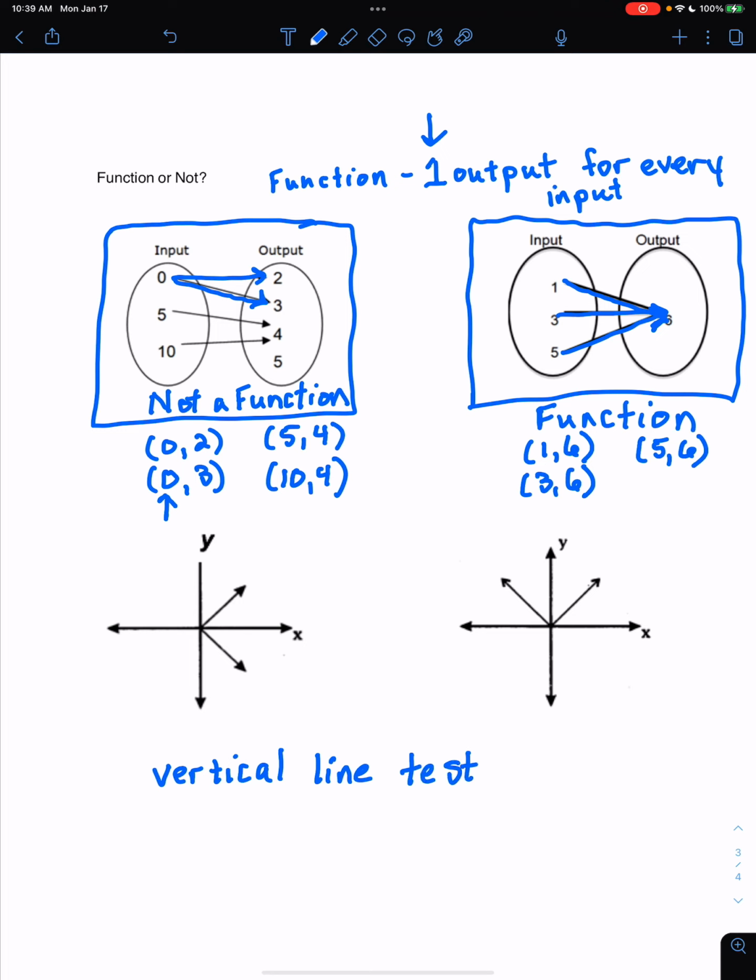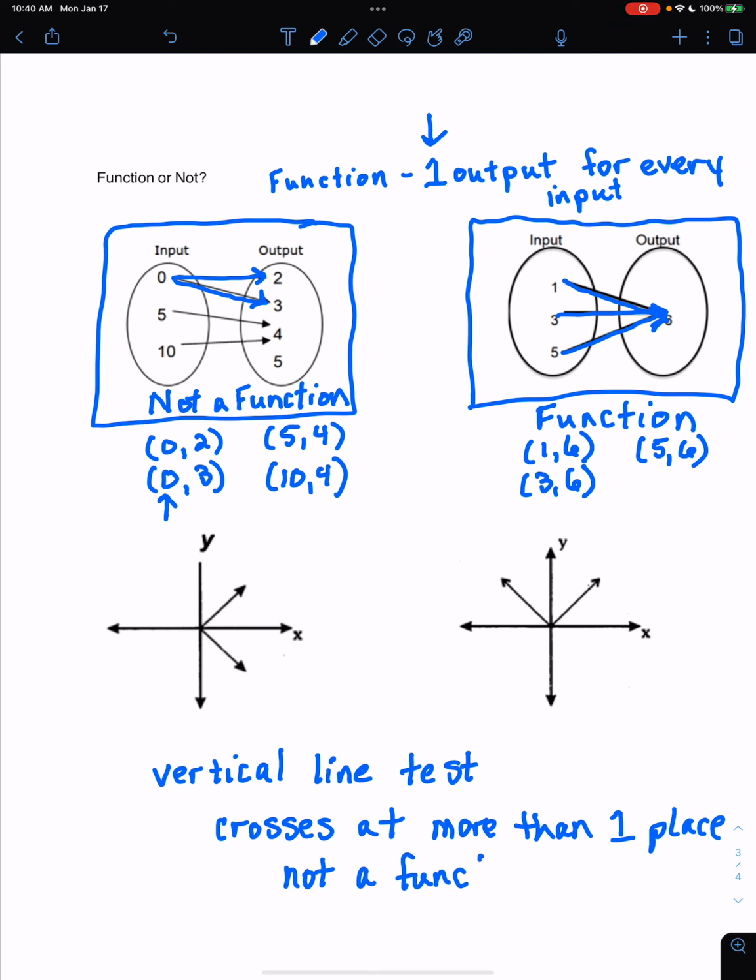The vertical line test says that if I have a vertical line and I draw it through any place in my function, and if it crosses at more than one place, then we have not a function.